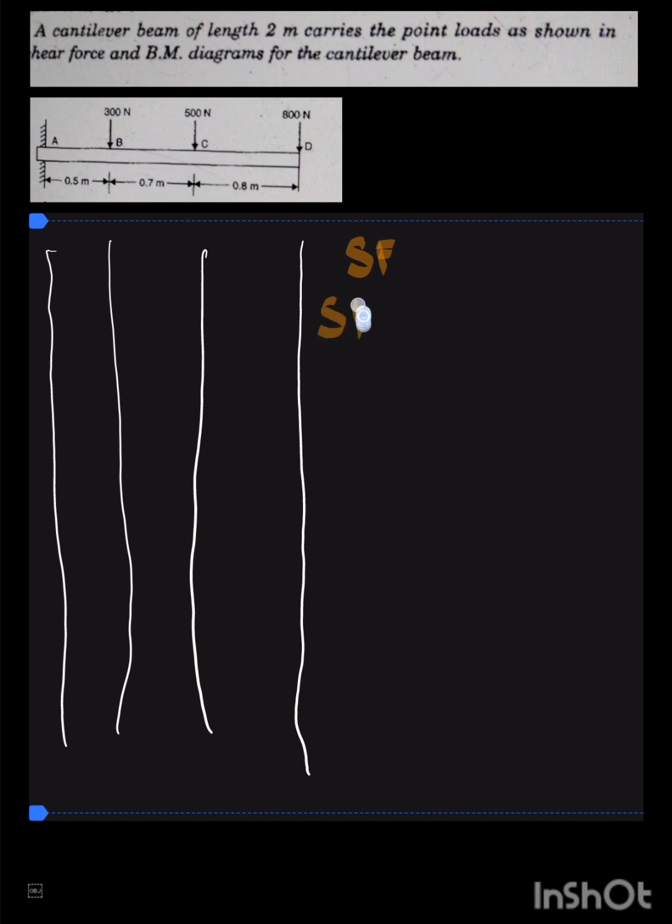Shear force at D: what is the load here? 800 newtons. We know the rule RUN, right upwards negative. But here the load is acting downwards, and downwards means positive. So we take it as plus 800 newtons.